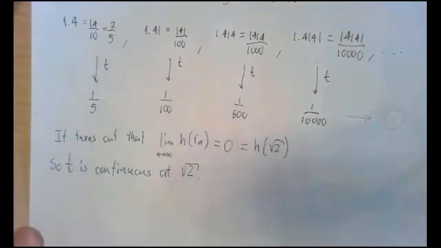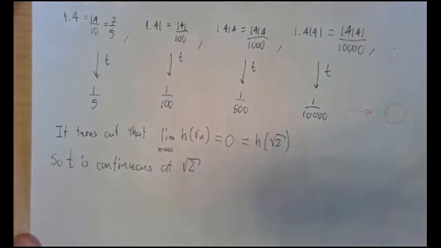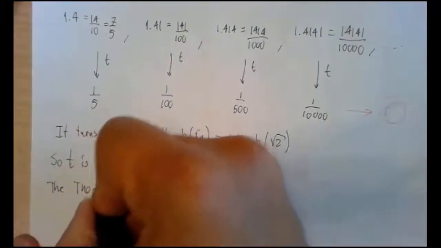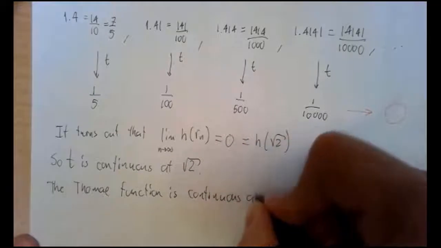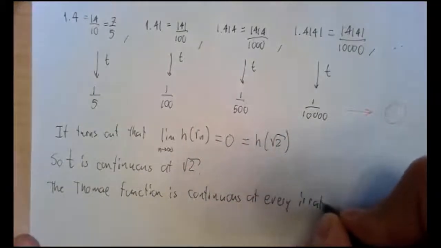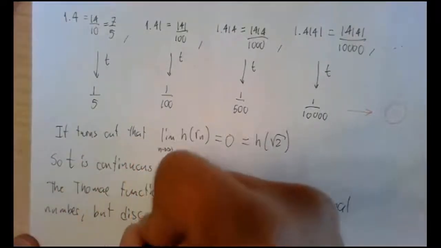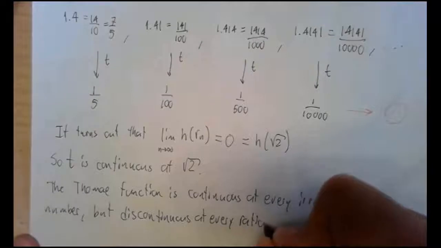This Thomae function is actually continuous at every irrational number, and discontinuous at every rational number. Look at that.